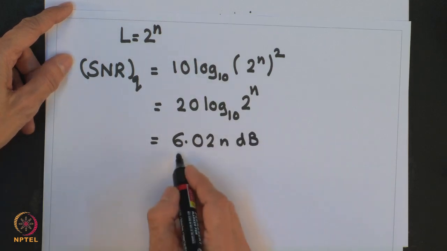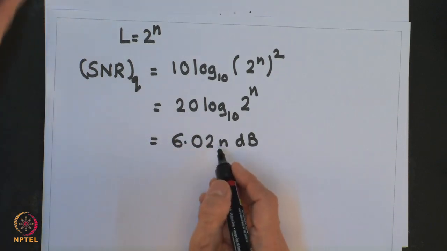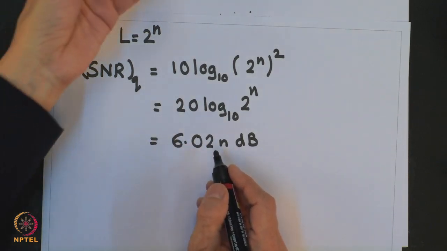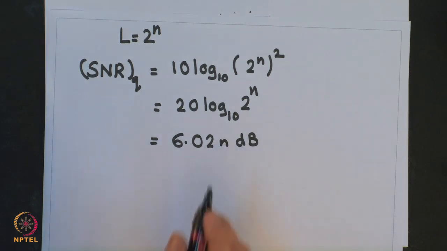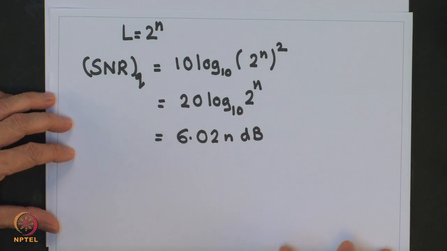So, it is important to know that for every additional bit I get about 6 dB per bit improvement in signal to noise ratio.